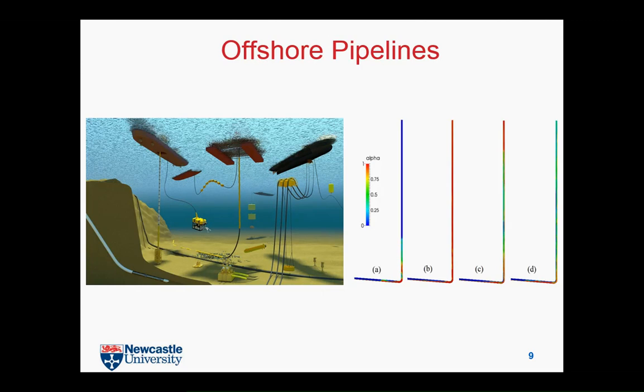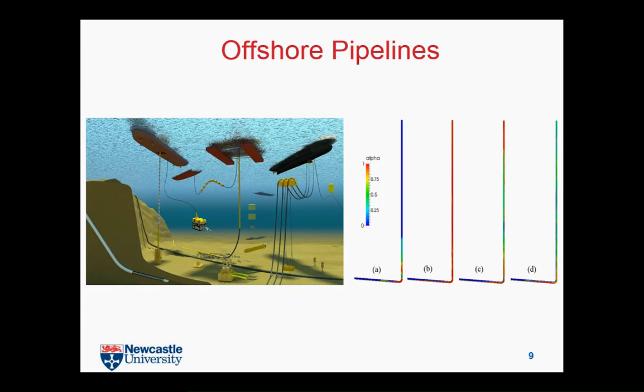So if we have different pipelines, we may have different riser-induced slugging or slugging-induced problems, because, for example, if you have a pipeline in this way and a pipeline in this way, they will have different slugging features, right?